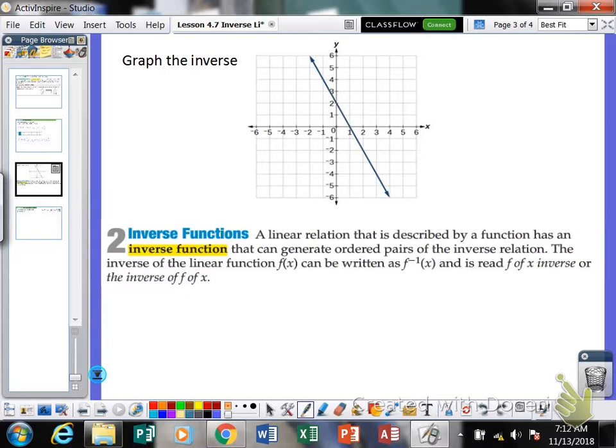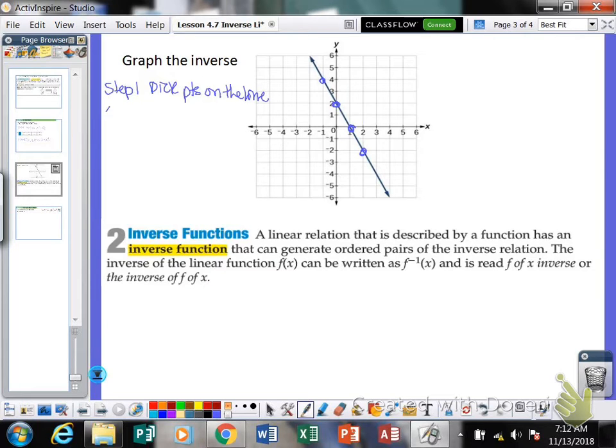Now, when you're graphing the inverse, what you want to do is pick some points on the line. I pick like 3 or 4, so I'm going to pick that point, and there. And I like the nice points, obviously, if I can. So 4 points is good. Okay, so the first step, step 1, pick points on the line.